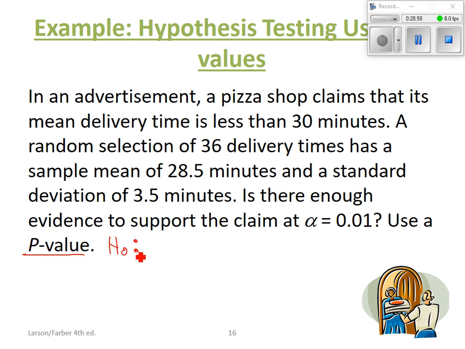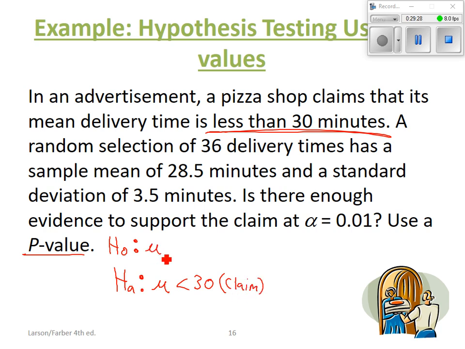This is going back to what we did before break, so if you're unsure about that, listen closely here. It says mean delivery time is less than 30 minutes. Remember, if it's less than 30 minutes, that has to go in our HA, because it's just less than, and we put claim with that.